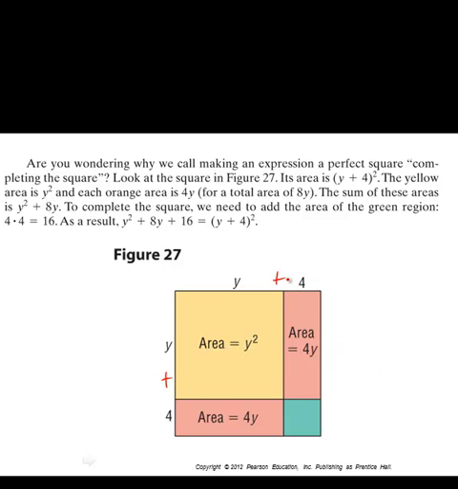And y plus 4 times y plus 4 will give you y squared plus 8y plus 16. Here we have the y squared. We've got 4y and the 4y, so that must mean that this is 16 in order to complete the square. Okay, so that's it for us today.